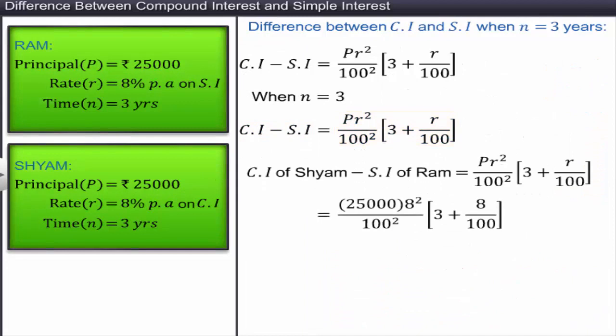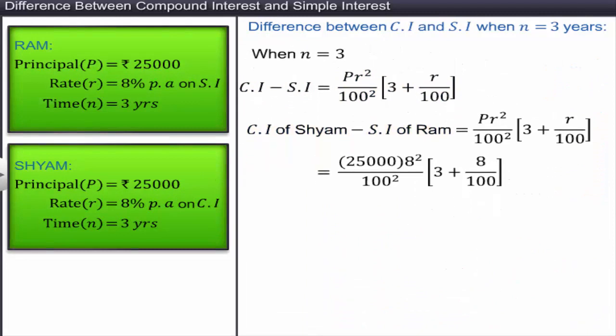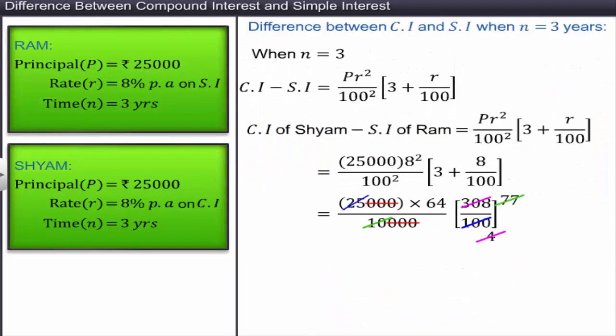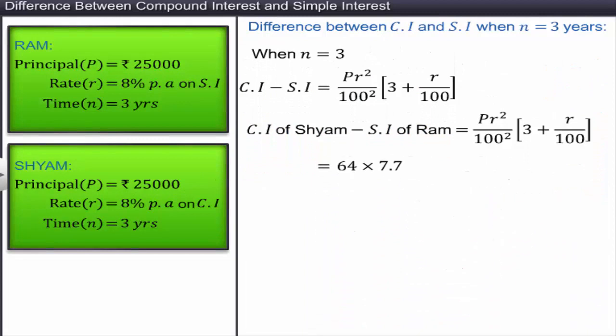On substituting the values of principal P, rate R in the formula, the difference between the interest earned by Ram and Shyam is calculated as shown. It is equal to 492 rupees 80 paise.